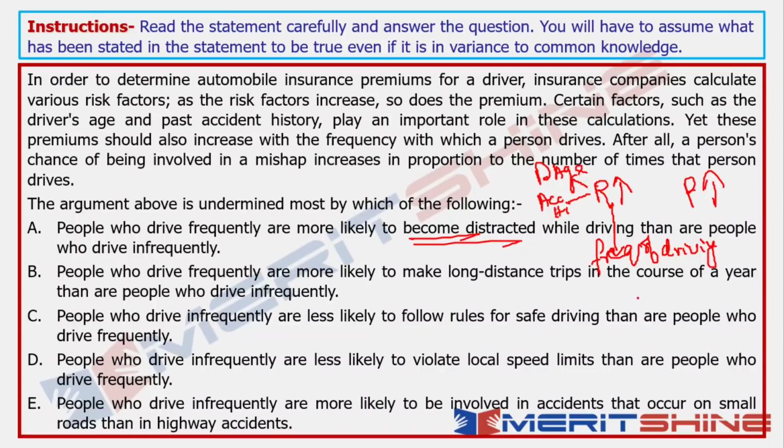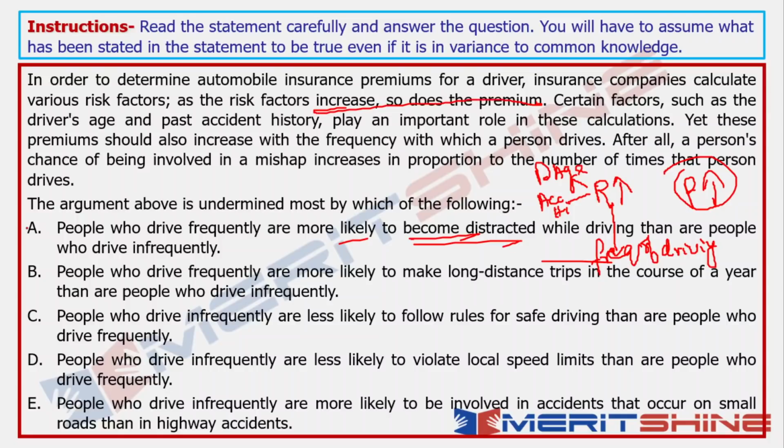Now, if we see the first one, people who drive frequently will become more distracted while driving than those who drive infrequently. So this means that they would have more accidents and therefore the premium should be high, right? Because if the risk is high, then the premium should be high is already given as a premise here.